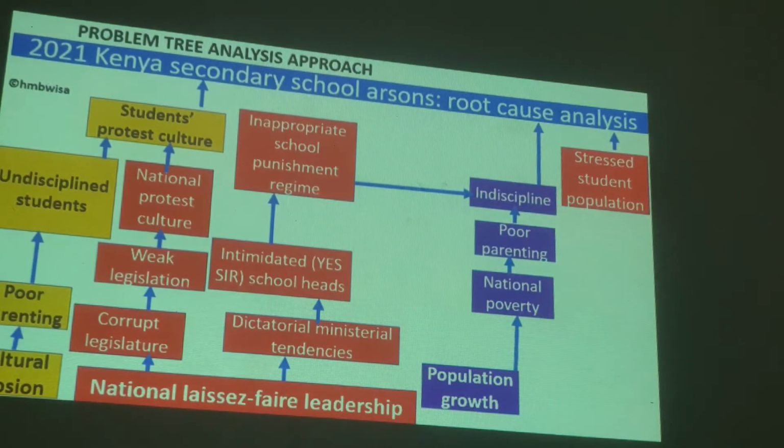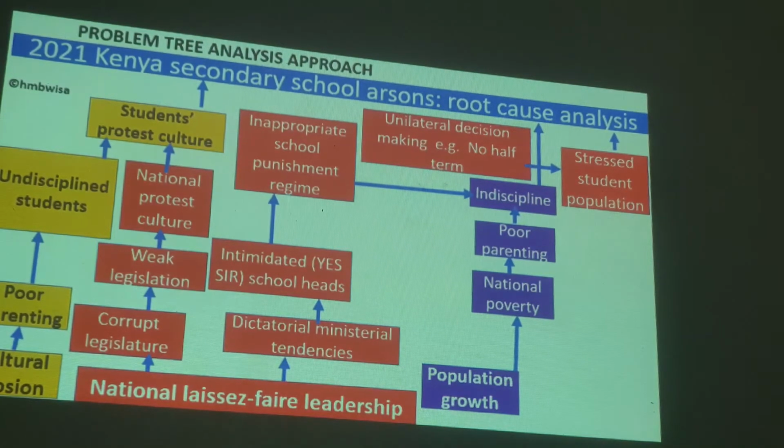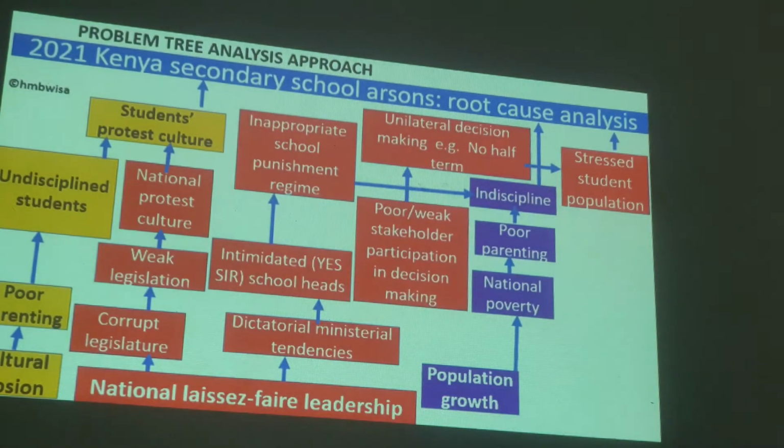We can also have a stressed student population. When the students are stressed, it can lead to arsons. And a stressed student population can be a result of unilateral decision making, like the recent no half term for students, which stresses students, and that may result in arson.